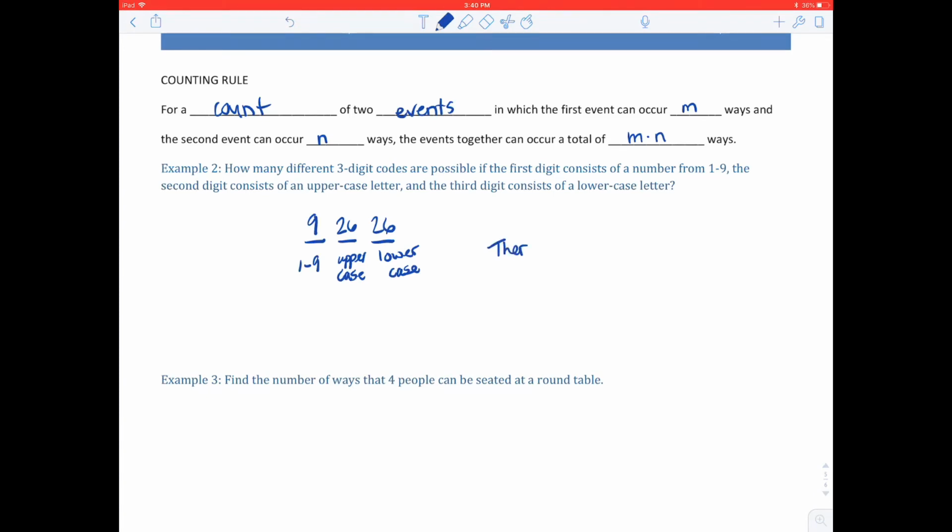So there are 6,084 3-digit codes possible with these conditions.